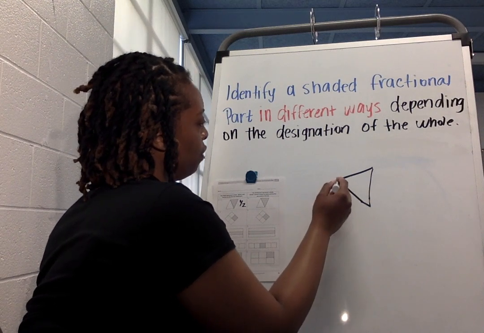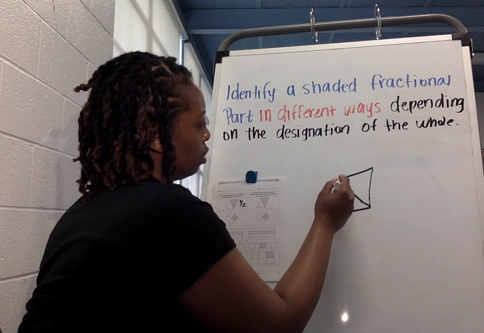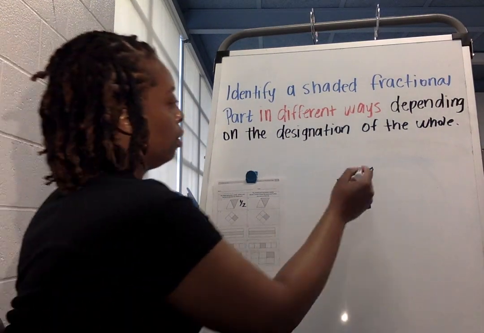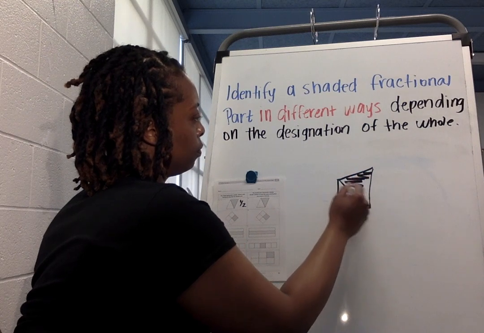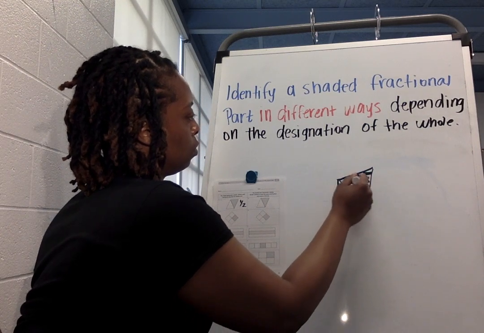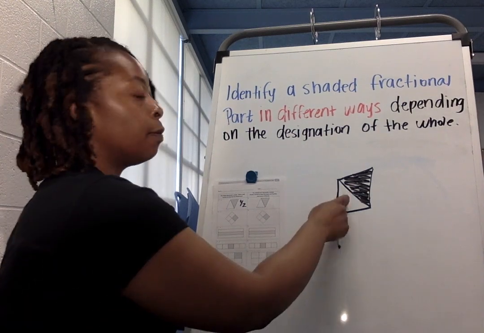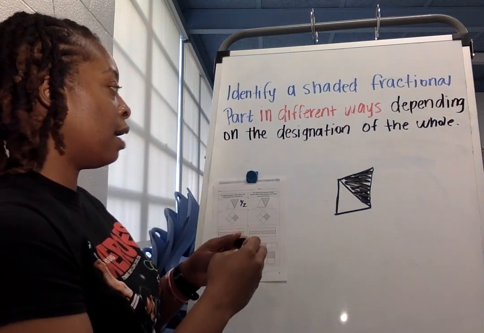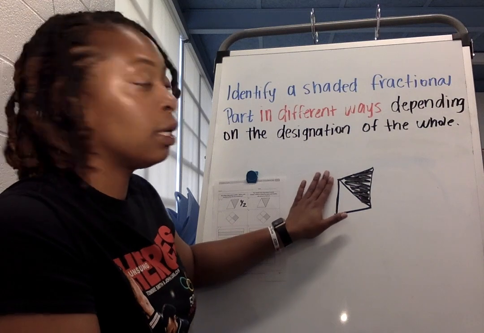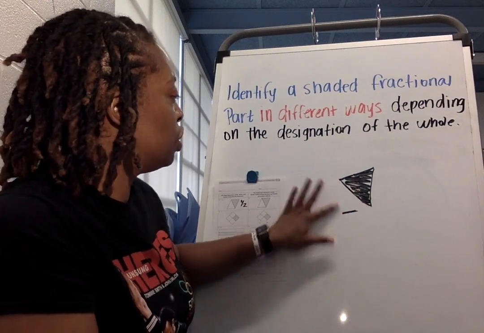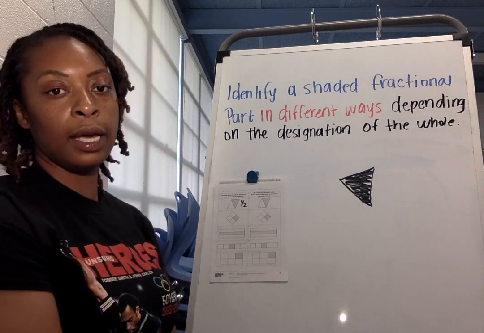And the entire figure looks like this. This part is shaded. And this part is left blank. So now we're not even looking at this part. So I'm going to erase it because we're only looking at the shaded figure. Okay, so that's what's left.